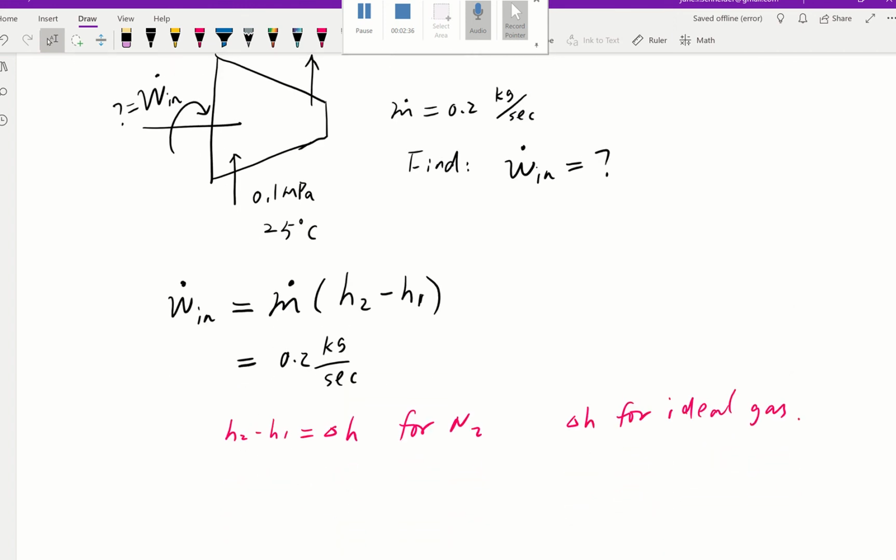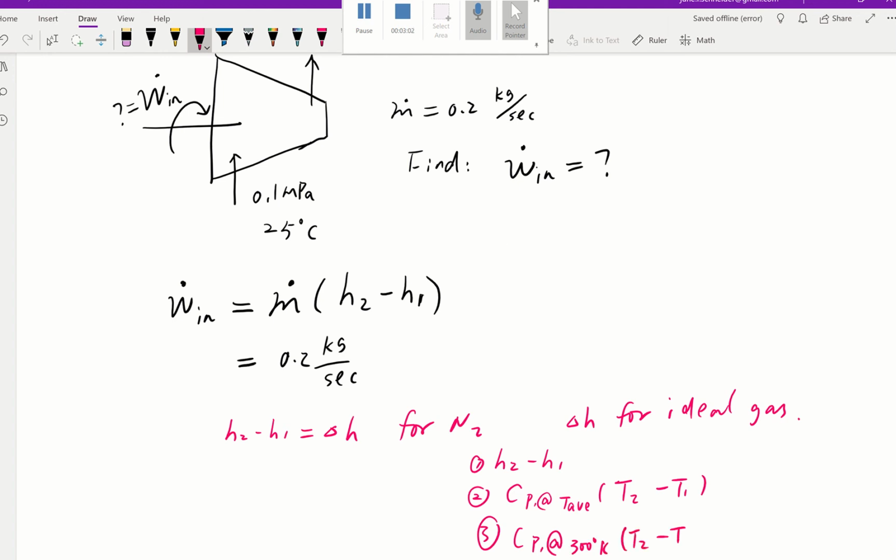The first method is using H2 minus H1 from the correct ideal gas table. The second one, we're just going to use CP at the average temperature times T2 minus T1. The third one is CP at 300 Kelvin times T2 minus T1.